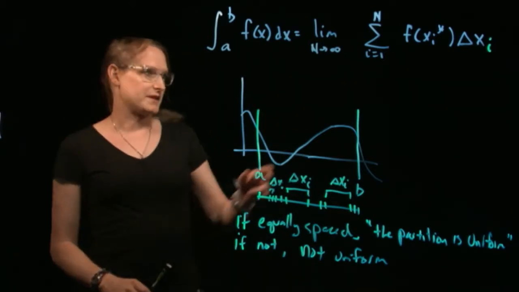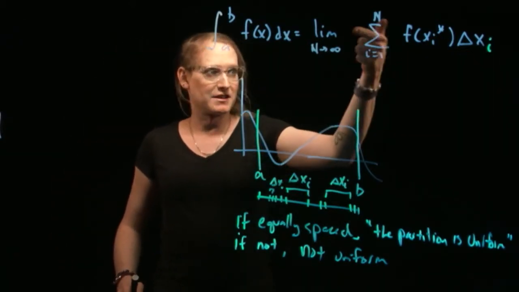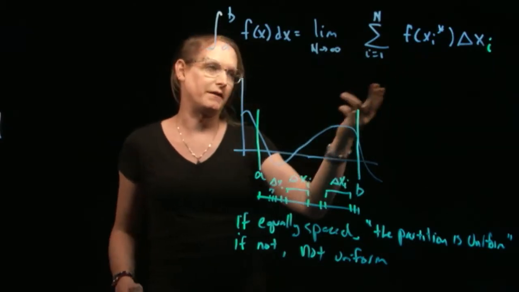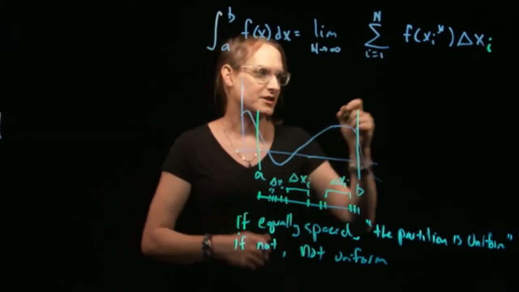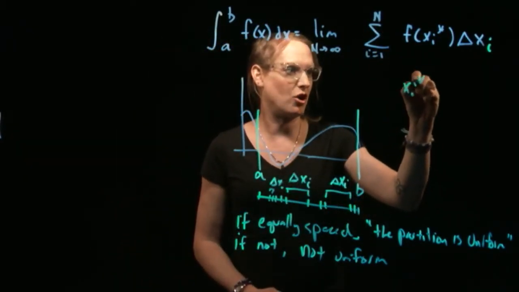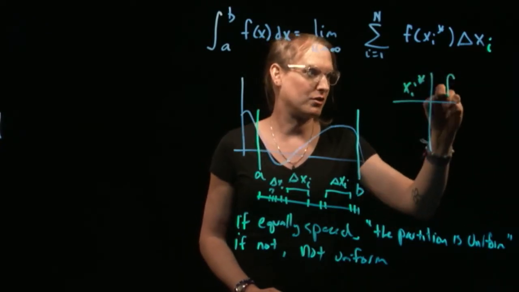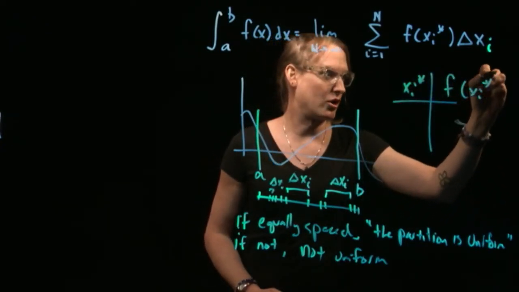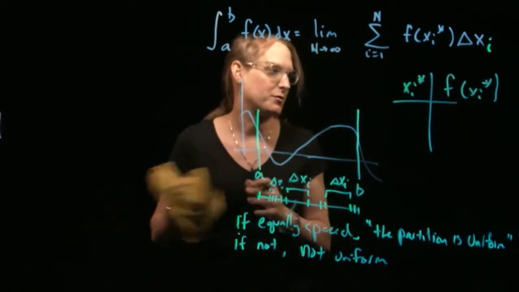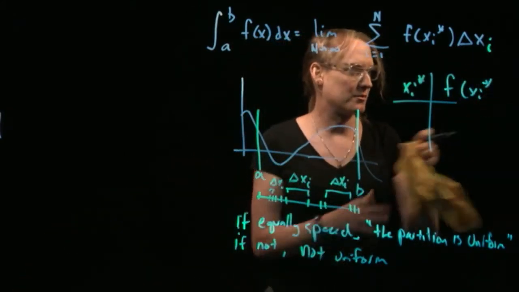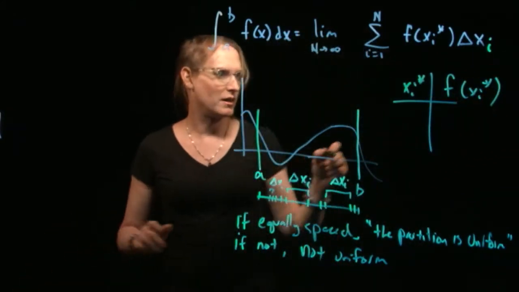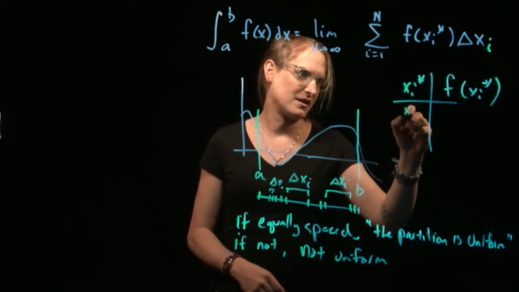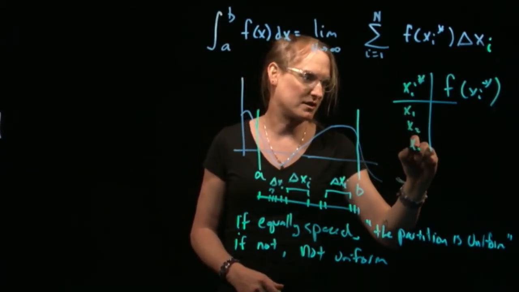So when that's the case, you can't just take delta x and pull it out front of the sum to make your life easier, right? You can't just take your x sub i stars, put them in a table, and take f of x sub i stars. So I can't just go x sub 1, x sub 2, x sub 3, x sub 4.